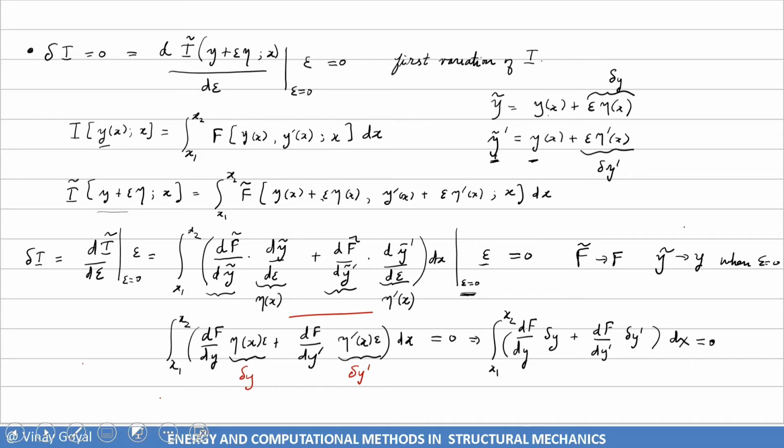And the question is, you're still wondering, how am I going to find that function y that minimizes the functional I? It's still not clear to you. But we're getting there because this is the condition I need to solve for in order to find that function y.